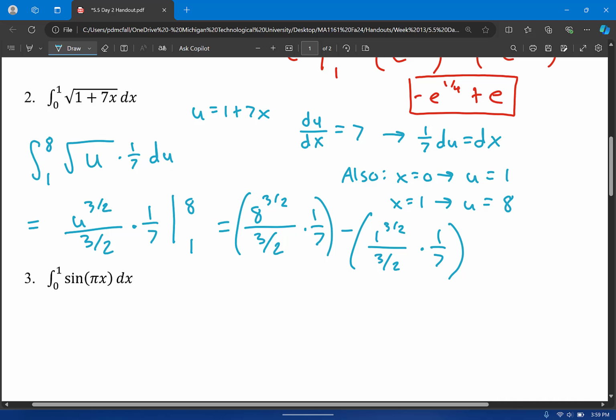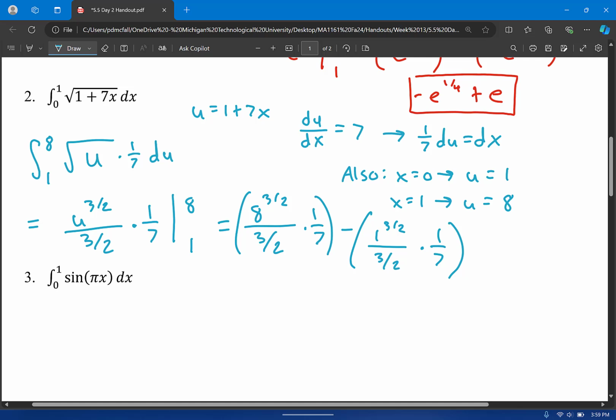So whatever that comes out to be, you can simplify on your own. I'm just going to leave it like that. But that is the area under the square root of 1 plus 7x from 0 to 1. Right? We use a substitution method along with the fundamental theorem of calculus, which says to find the area, you can just use the antiderivative.